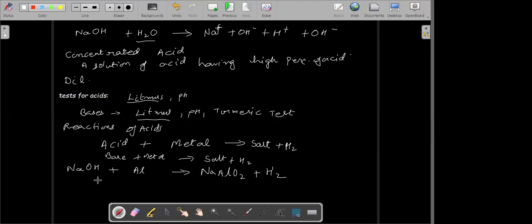Then in the same way, you can write down the reaction for sodium hydroxide combining with zinc. What compound you get? When sodium hydroxide combines with zinc, it gives sodium zincate.